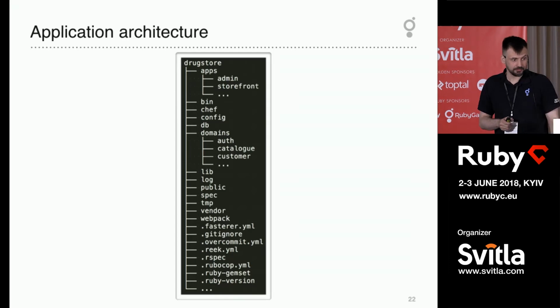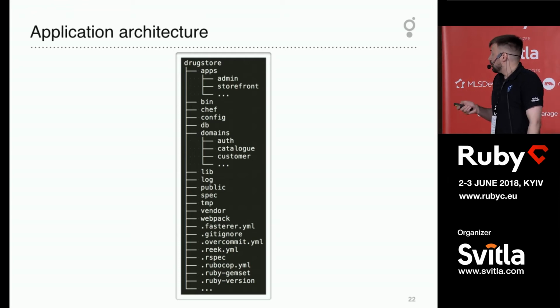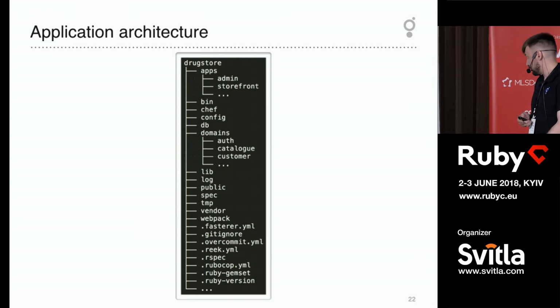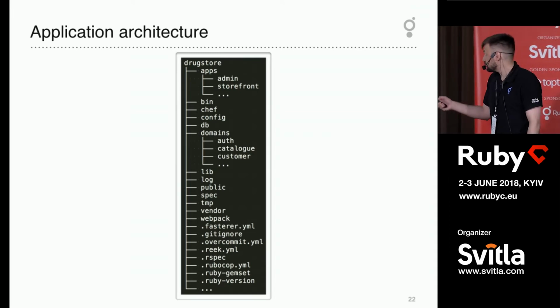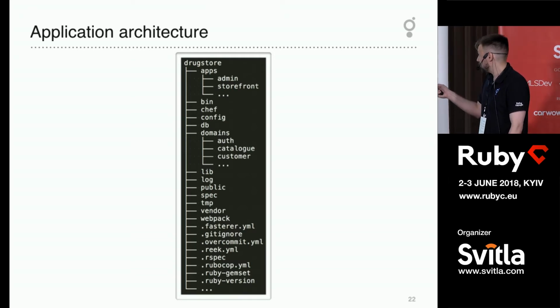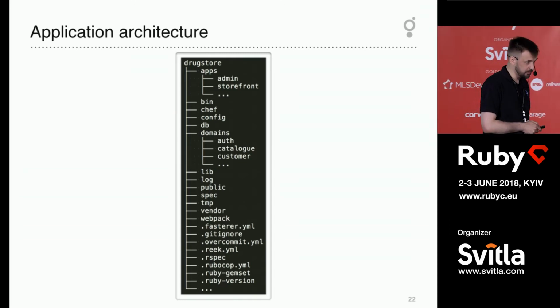And how do we combine it all together? We have an application structure, and it's a little bit different if we compare it with the Rails way. We have a directory called apps, and we have a list of applications inside of it.